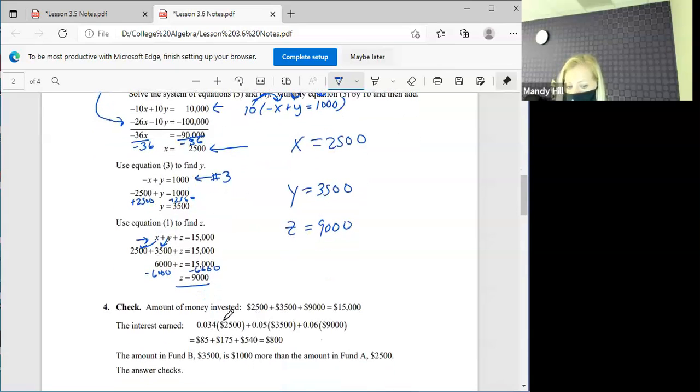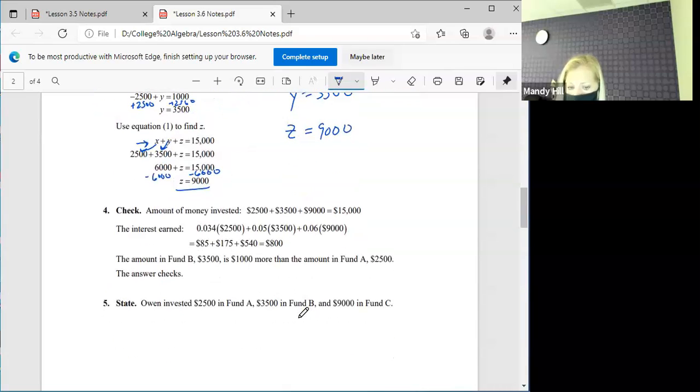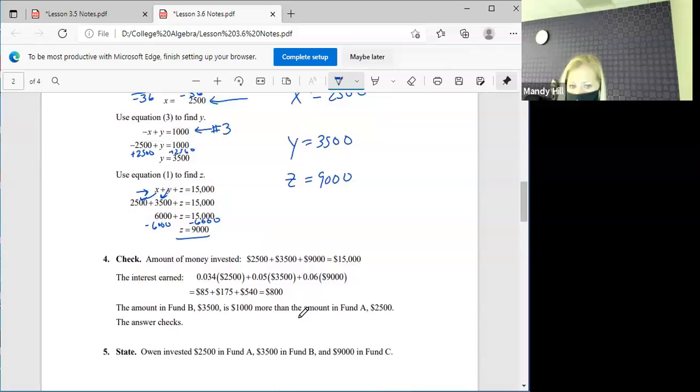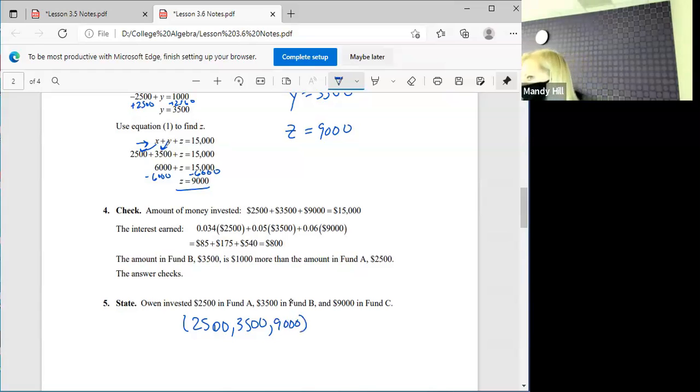They plugged these back into one of the equations to check, and they decided that it did work. That was right. So the answer 2,500, 3,500, 9,000 is the answer they would type that solves all of those.